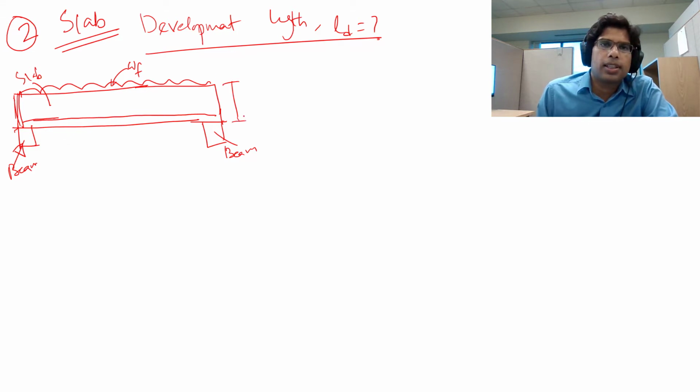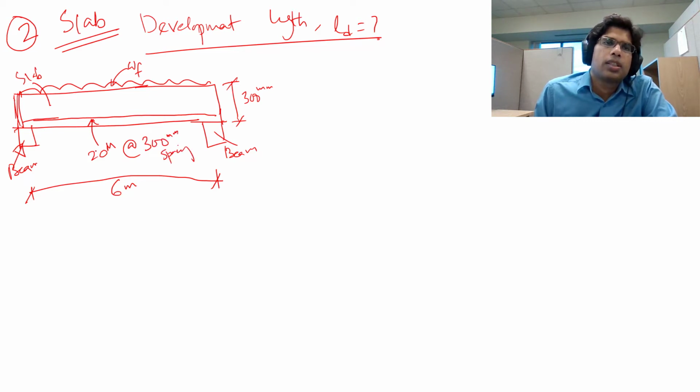The thickness of the slab is 300 millimeter, and total span is given 6 meters, and this steel rebar is 20 diameter at the rate of 300 millimeter spacing. So the steel rebar is given 20 diameter, 300 millimeter spacing. And what else is given?